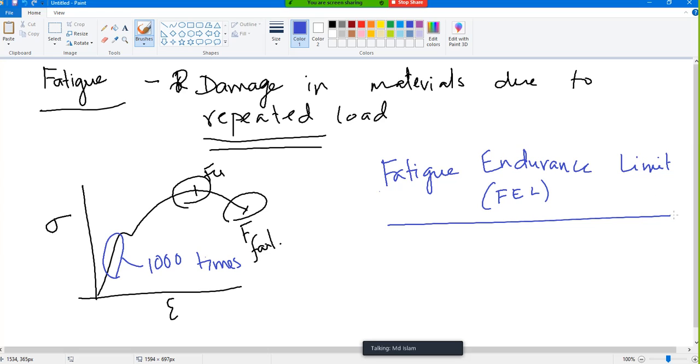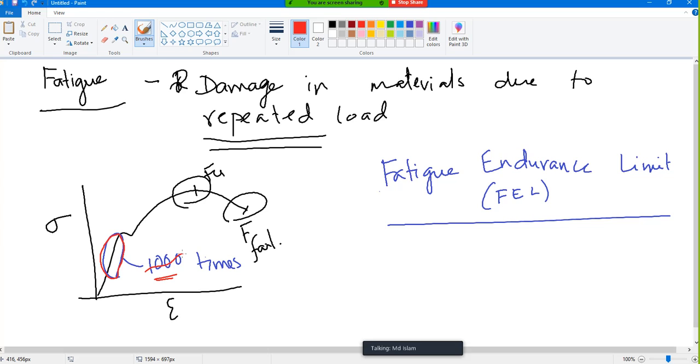Okay, so if I come back to my original stress strain diagram, I told you last time that if your stress is somewhere here or strain is somewhere here, and if you do it many times, say by thousand, it is not exactly thousand, maybe 2,000, maybe millions, I do not know. But it's just an example that if I repeat many times, it will fail.